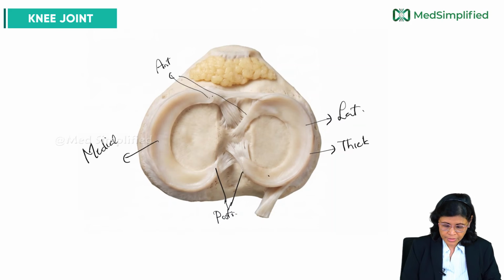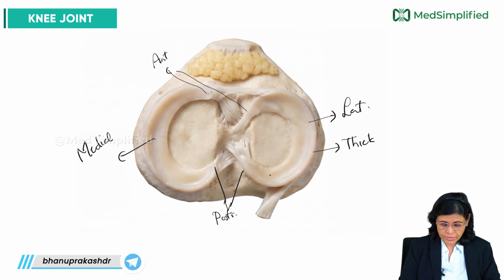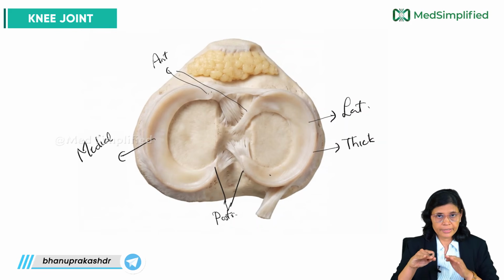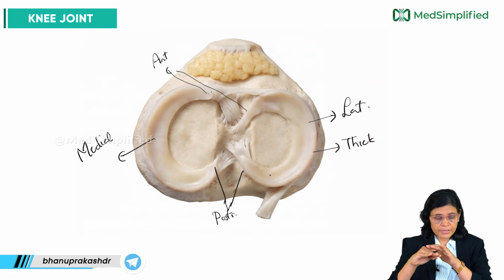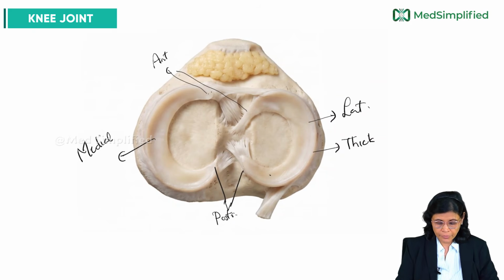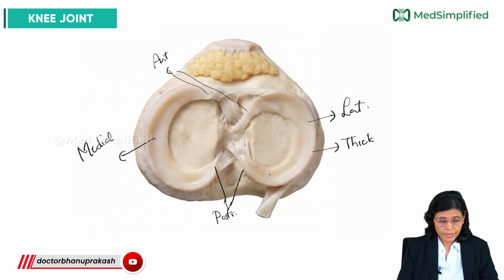It has two borders, the thick outer border and the thin inner border, and two surfaces. The upper surface is concave for the femur because it divides the compartment into upper and lower, whereas the lower surface is flat, basically flat for the peripheral two-thirds of the tibial condyles.